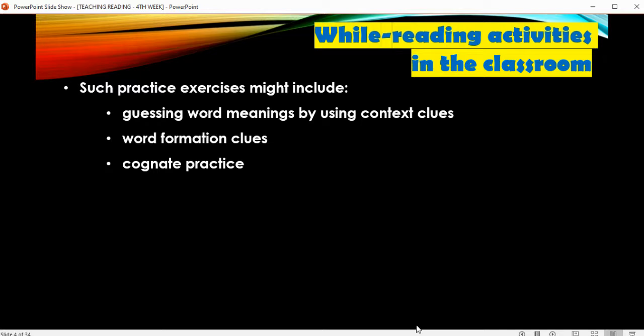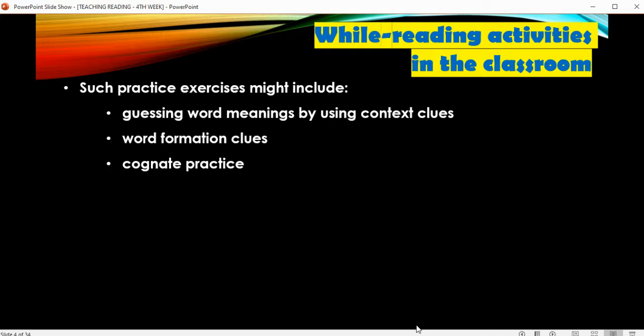Radio is radio, televisión, television, doctor, doctor. So notice that we have these similar words. You change in some cases some letters and sometimes just the pronunciation. As you can see here, doctor, doctor. The difference is just on the stress. So they are words which are called cognates. So on this stage, we are going to practice the cognates in order to make a similitude between the languages.